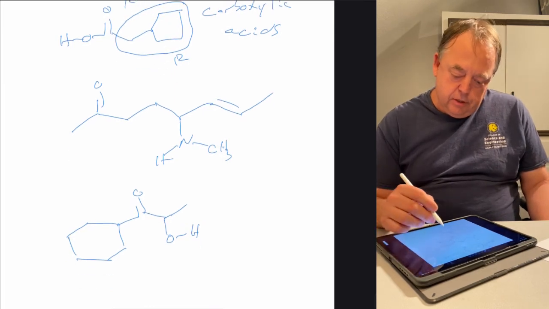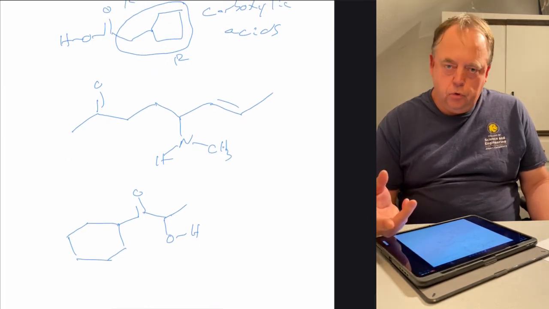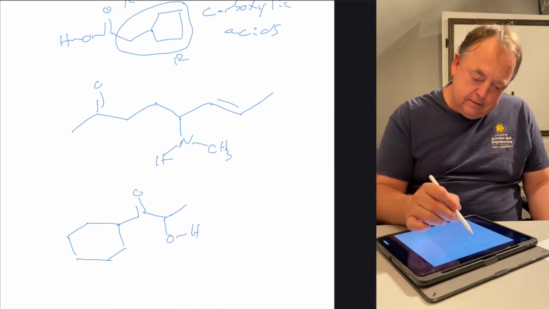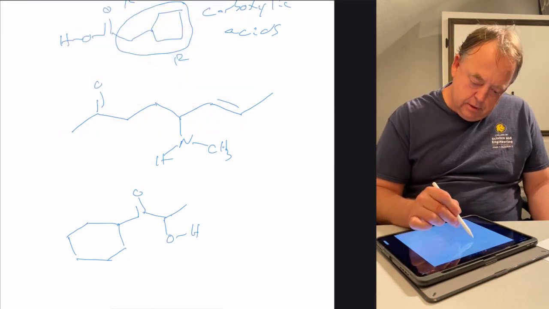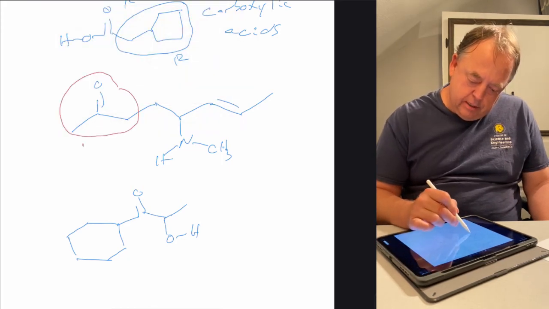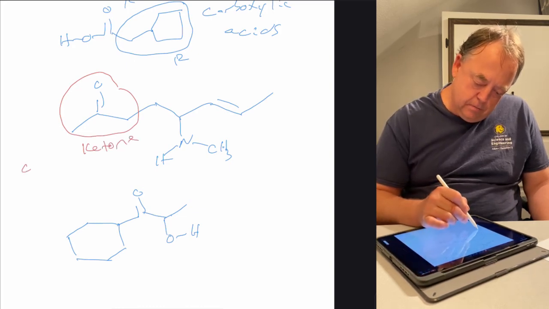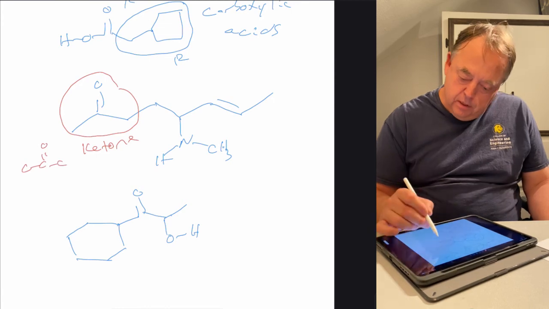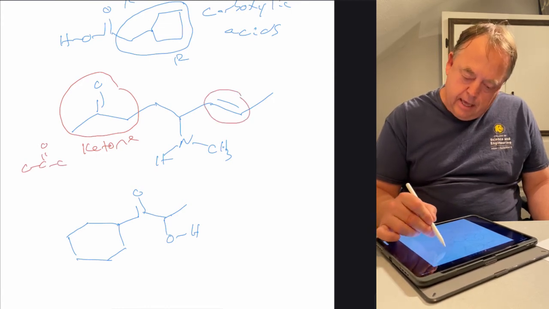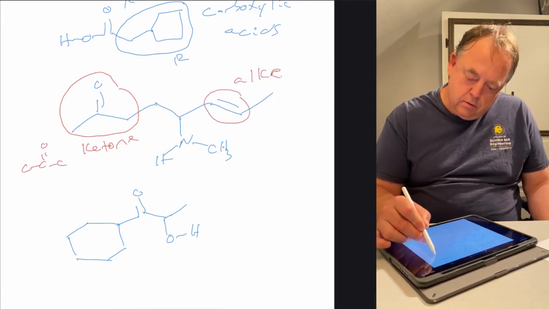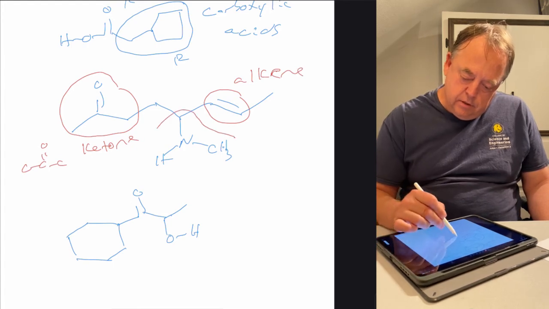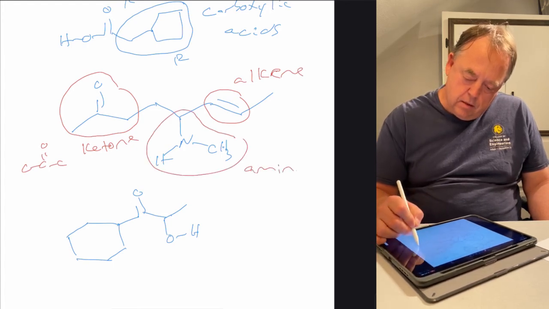So this next molecule actually has 3 different functional groups in it, or 3 different functional classes. All right, this first one would be a ketone, because you have a C double bond O, C. This would be an alkene, and this would be an amine.